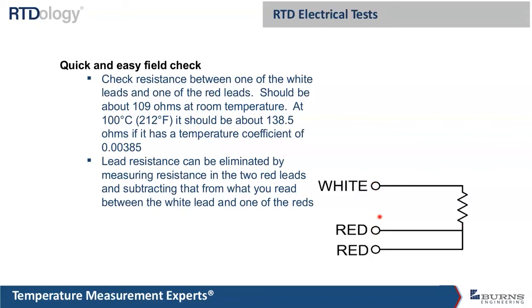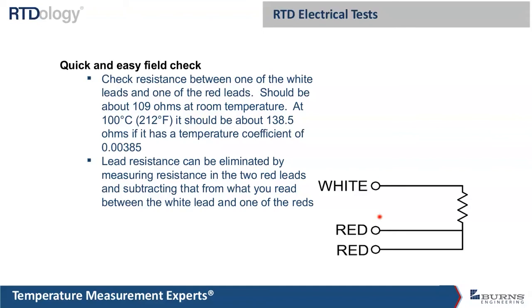And that's if it has that 0.00385 temperature coefficient, which is the most common one that's out there. One thing I wanted to mention here is with these sensors, by definition, this temperature coefficient is 0.00385.